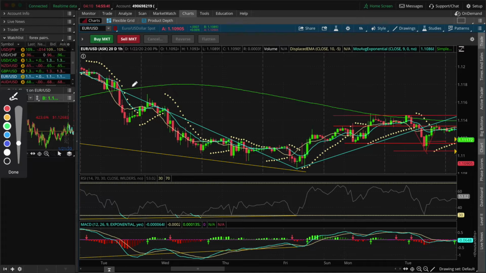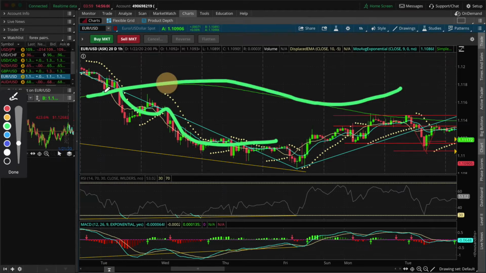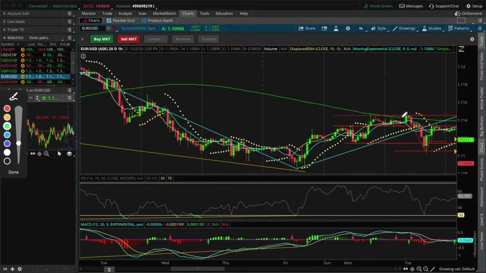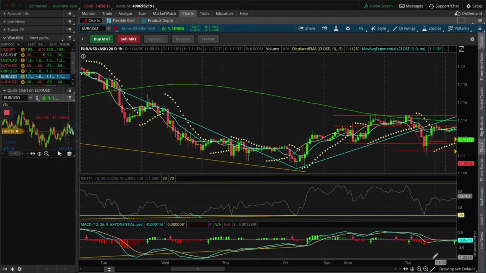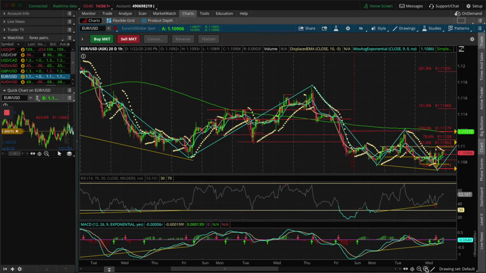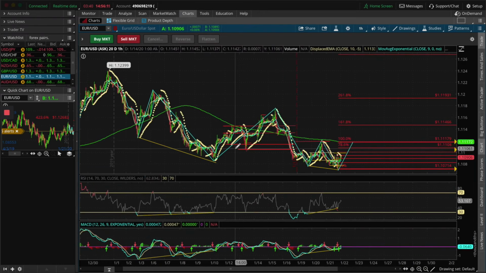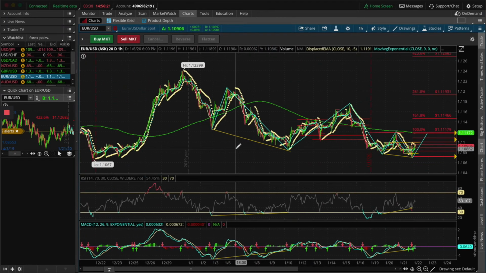The next indicator is the simple moving average, which again moves slower than the exponential moving average. That's why you see it's slow. It just moves slower. Let me zoom out here so you can see it a little bit better.